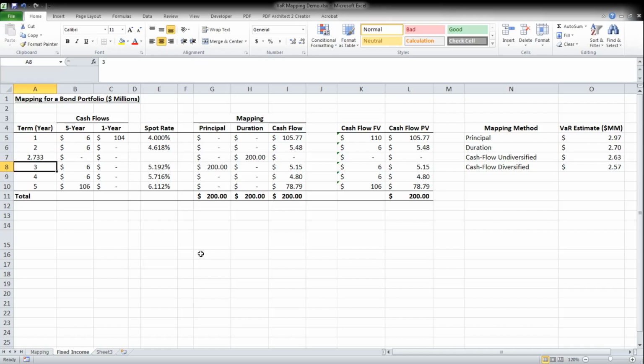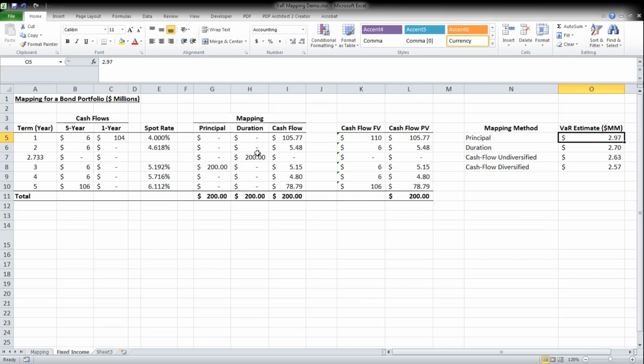And then we hopefully have the VaR or the risk of that 3 year bond, and we just apply that risk to our total portfolio market value of $200 million, and we assume that our portfolio risk will be the same or similar to the risk of that one bond. And that turns out to be $2.97 million using the principal mapping method.